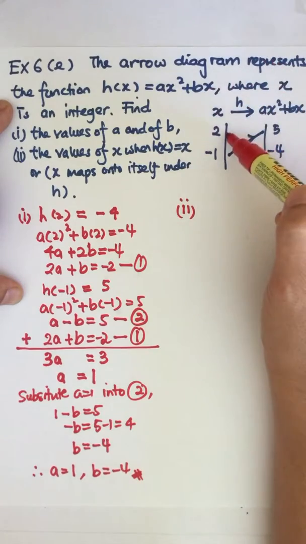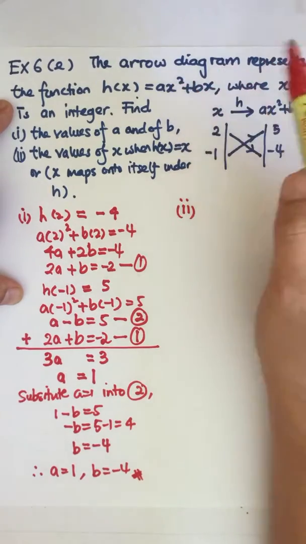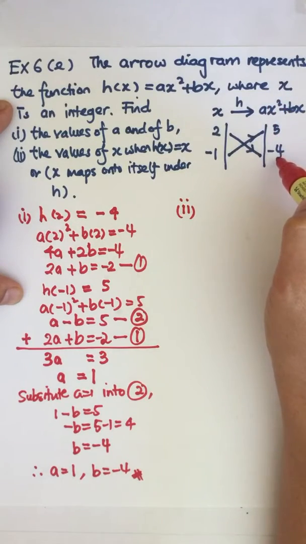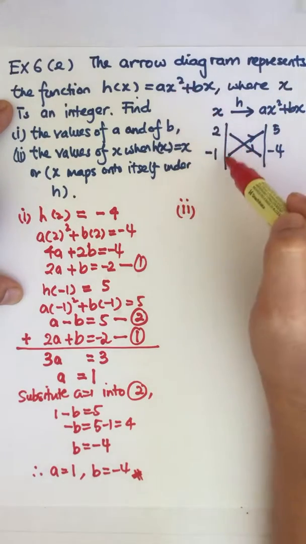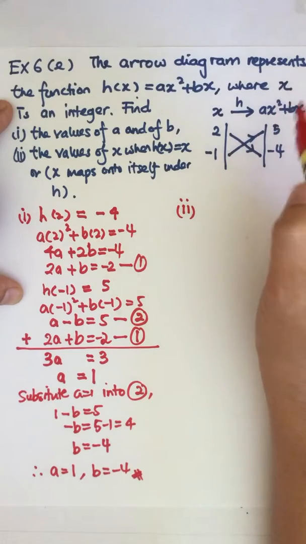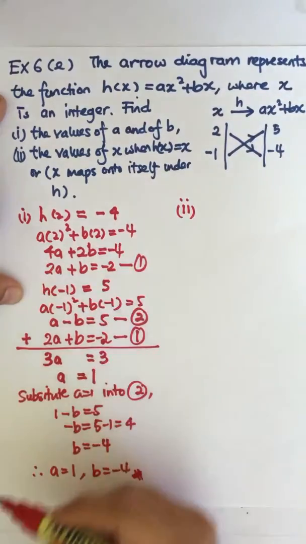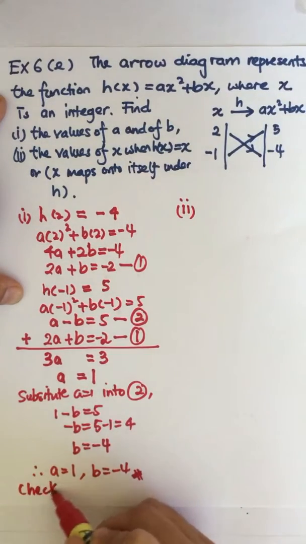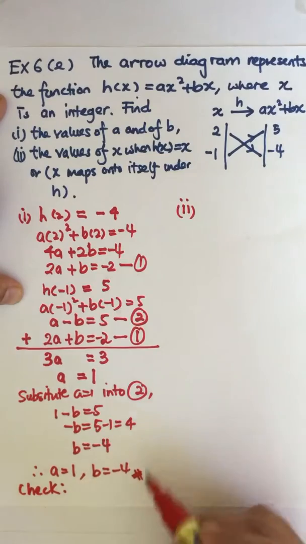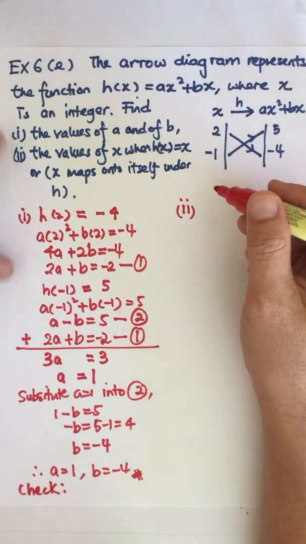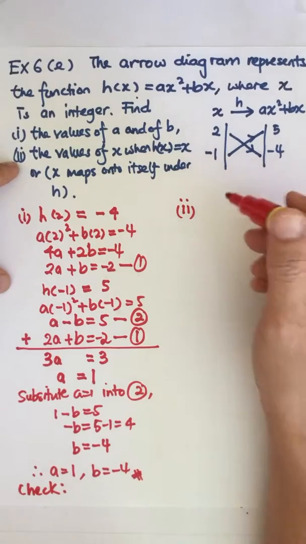When you substitute 2 as x, you should get the answer negative 4. And when you substitute x as negative 1, you should get the answer 5. So I leave the check part for you to do.